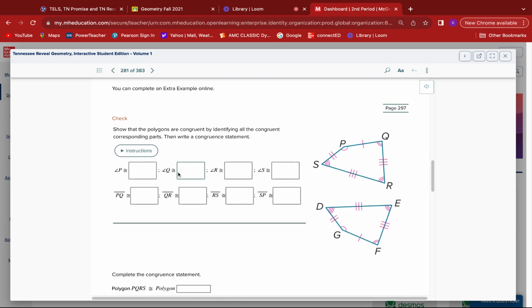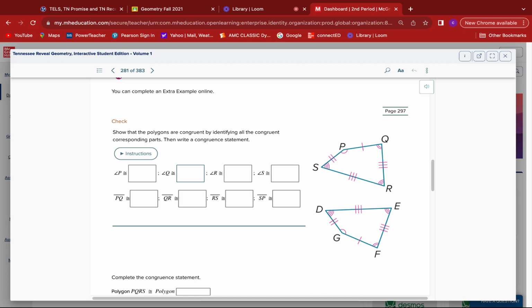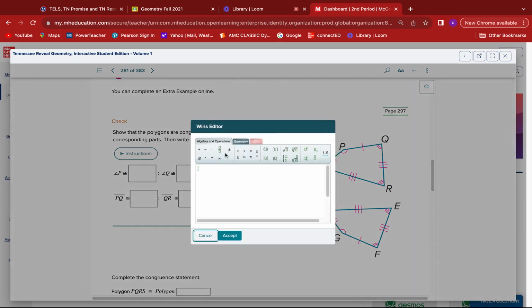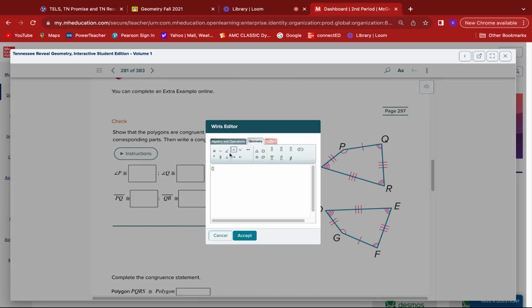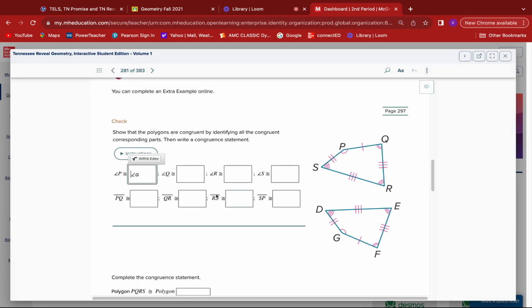So it looks like in my check, I'm turning to the next page. I'm on page 298, y'all, in your workbook. So angle P, which is marked with a 1 slash, will be congruent to angle G, which is a 1 slash. I'm going to put angle G. Go to geometry, click on the angle, and capital G. All right, Q, which is marked with a 2, will be congruent to F, which is a 2.